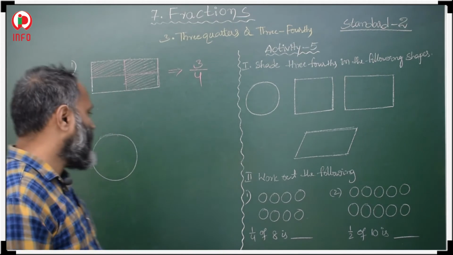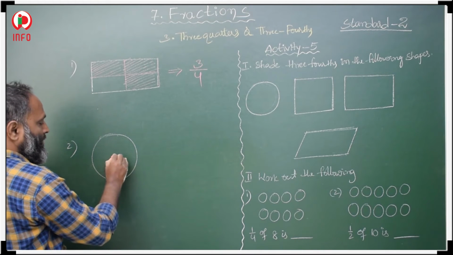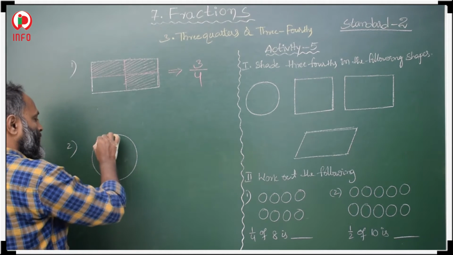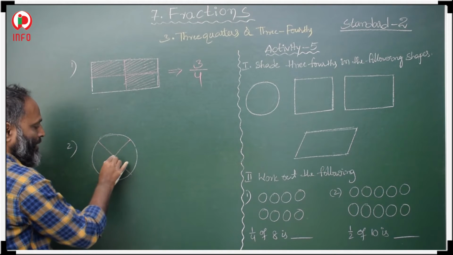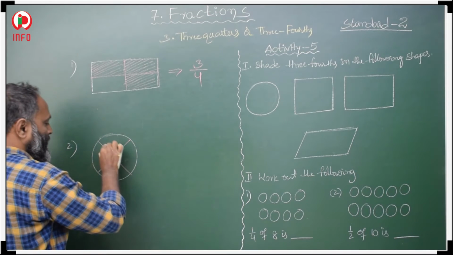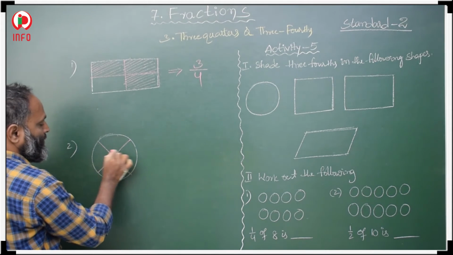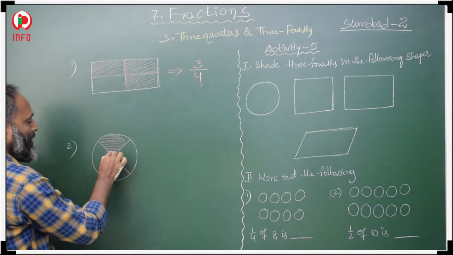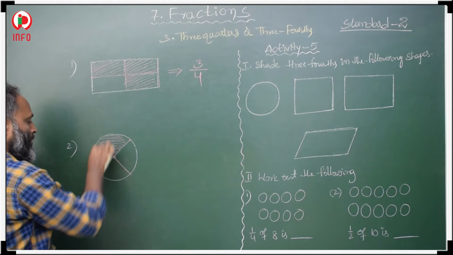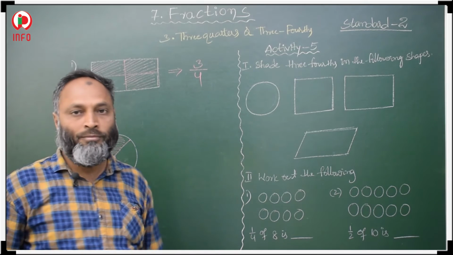Okay. Now this is a circle. So how to shade 3 quarters? If you take a line like this and one more like this, it divides into 4 equal parts. If you shade this, that is 1 quarter, and this is 2 quarters. 2 quarters make half.